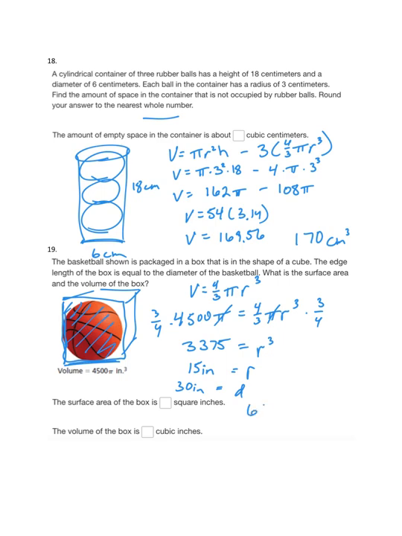And then there are 6 faces, so 6 times 900 is 5,400 square inches. And the volume will be 30 times 30 times 30, or 30 cubed, which is 27,000 cubic inches.